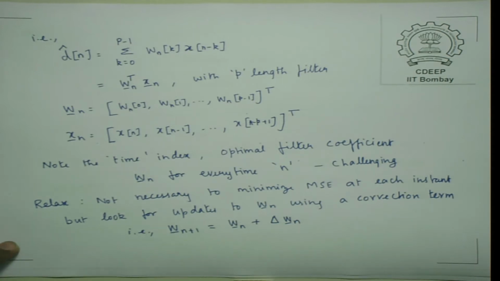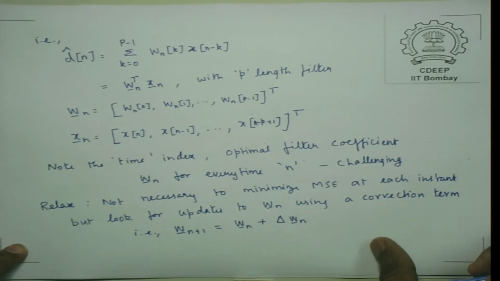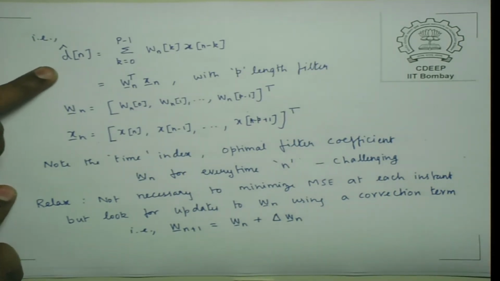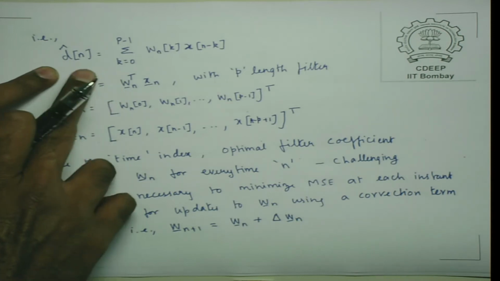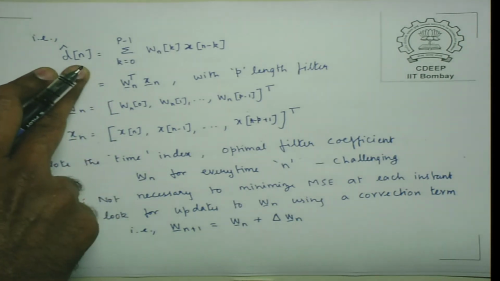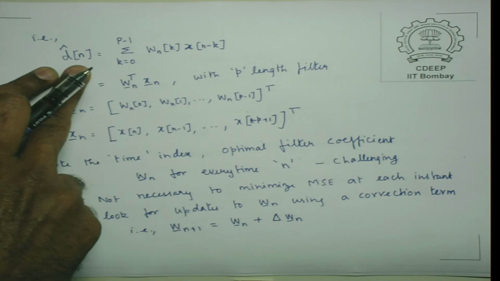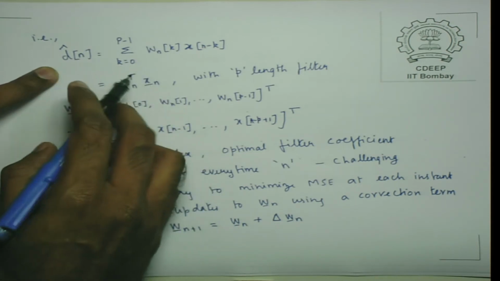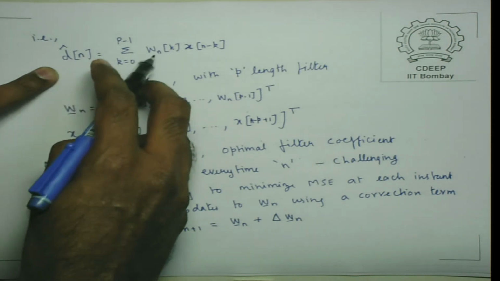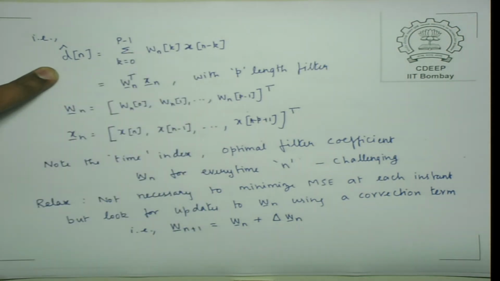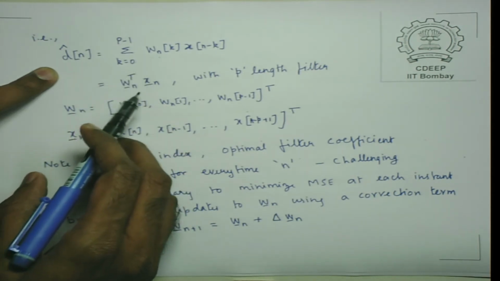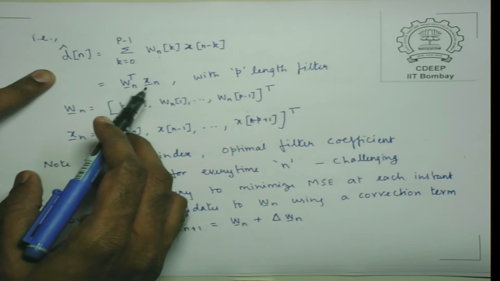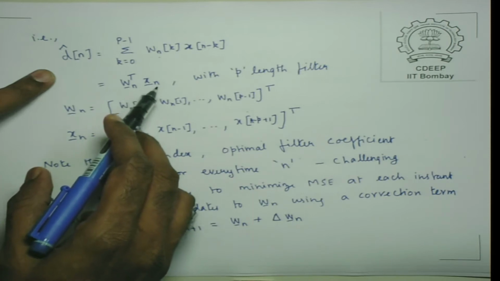To relook at what we had seen before, recall we had our desired signal D hat of n. Note that we are introducing this notion of n now, assuming it is a time varying signal. So, we would rewrite the same equations, except that now these are all indices depending on n. We have a set of weights which also vary with n. The input of course was also changing earlier, but just for notation sake we have introduced n as a subscript here.